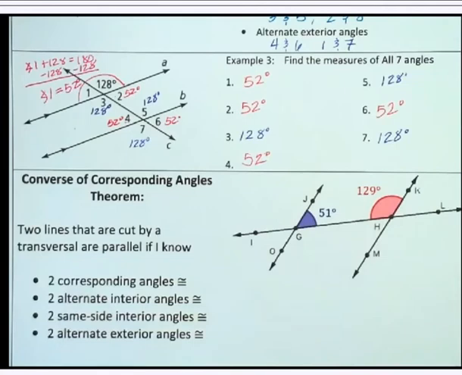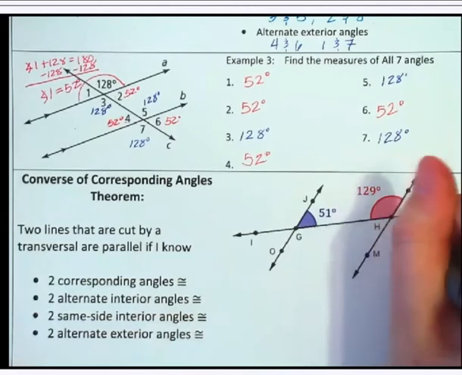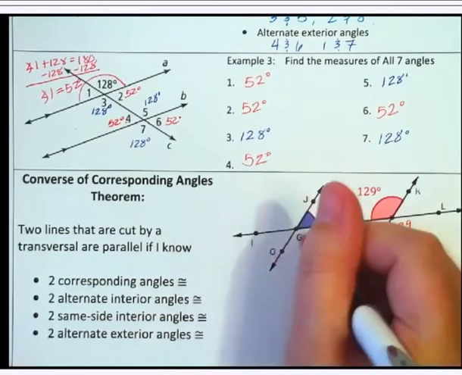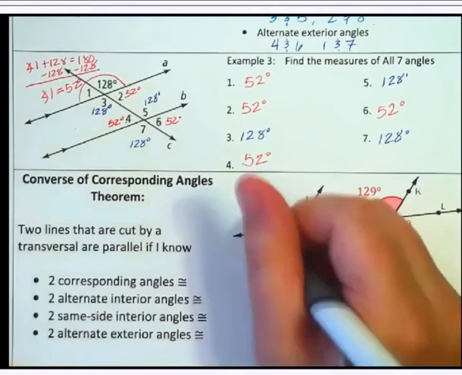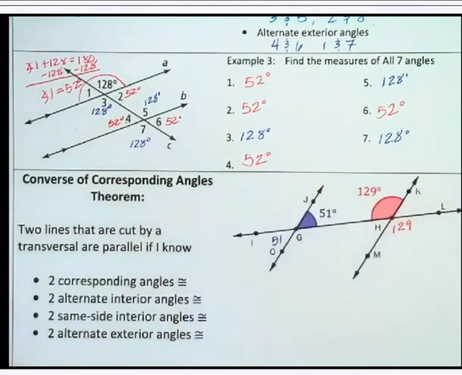So, vertical angle theorem still holds. So this one is 51. I don't need to prove anything about vertical angles here because I already know that it's true. And then I also don't need to prove anything about a linear pair because I know that's true and that doesn't have anything to do with this.